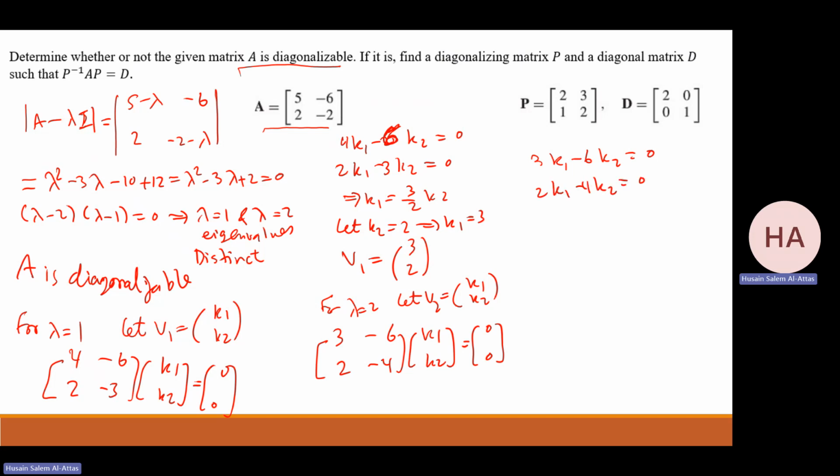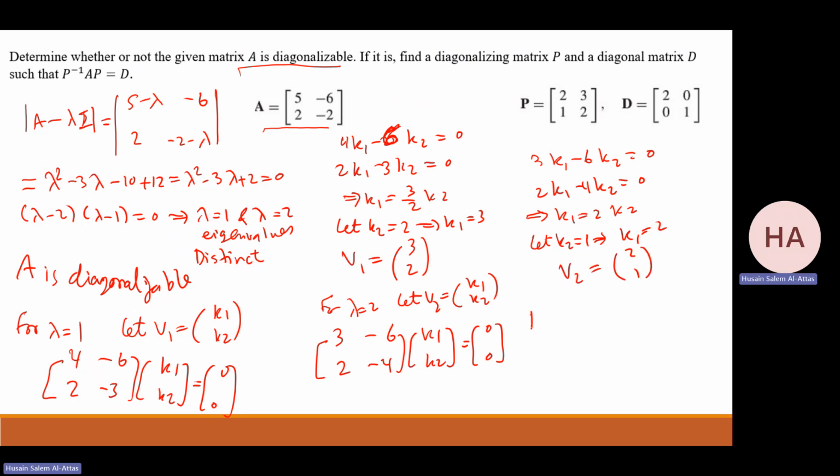The two equations are the same. Multiply the first by 2 and the second by 3, you will get the same thing. So I have K1 will be equal to 2K2. So my K2 is a free variable. Let K2 equal 1, K1 will be 2. So my V2 is 2 and 1.